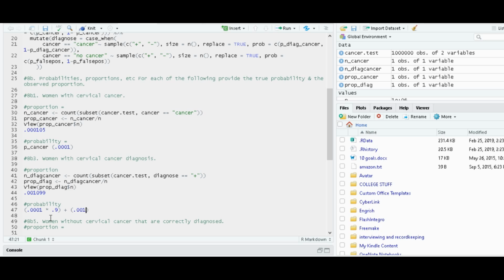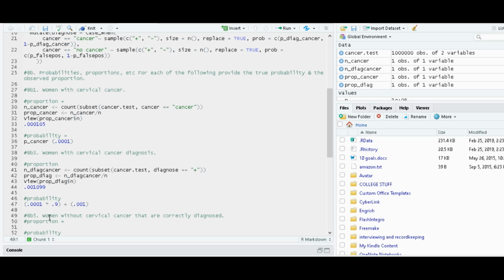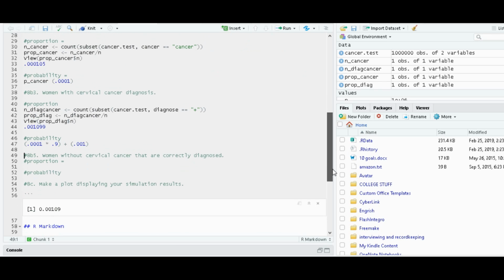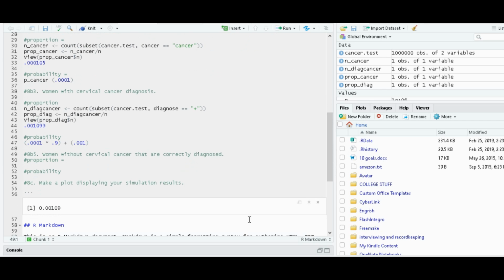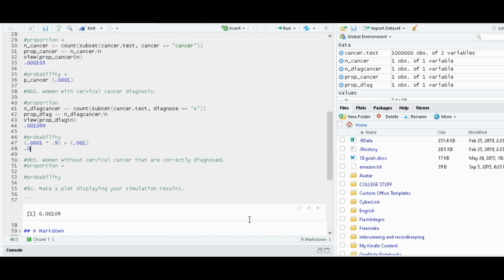Right? Yes. Okay. Yep. Which is 0.00109.